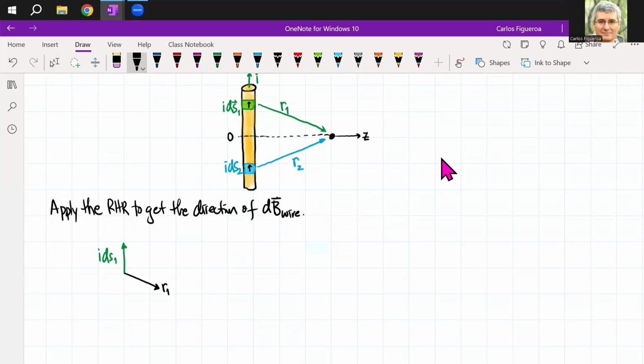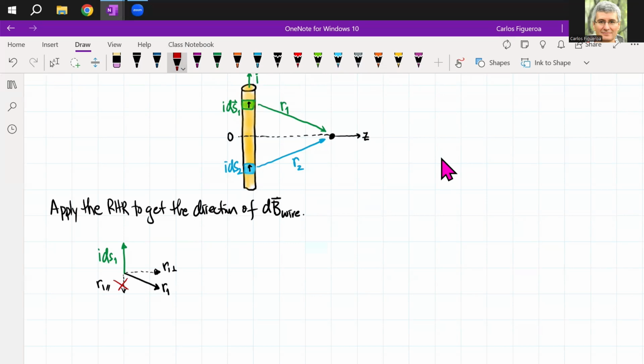Now note, R1 can be broken into parallel and anti-parallel components. So I can break this guy into here, and that's going to be R1 anti-parallel. And then I can break this guy into here, and that's going to be R1 perpendicular. And we know that this component right here is going to go to 0 when I take the cross product.